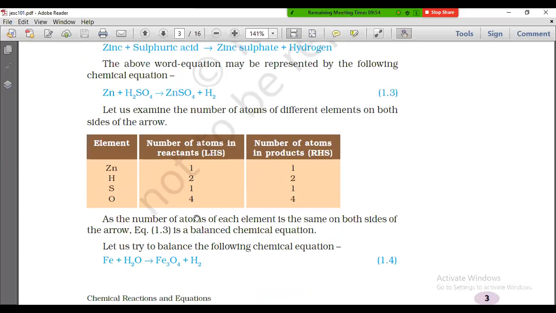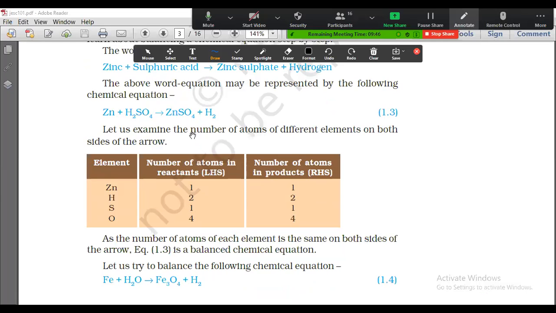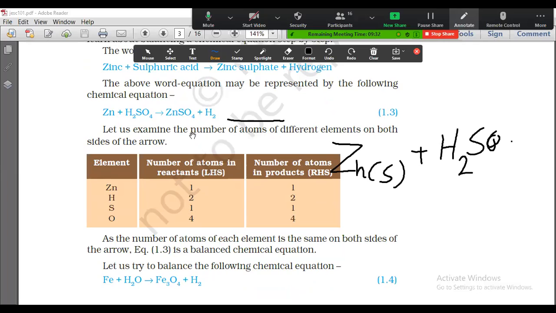Now what we have to do, like I said, is use the symbols. So the properly balanced equation will be zinc as solid. H2SO4, it's an acid, but we do not use acid in the dry form or the gas form. It is always dissolved in water.